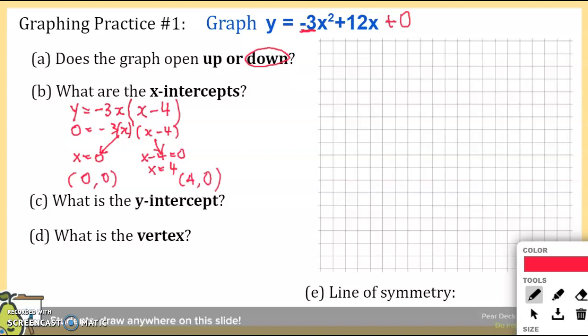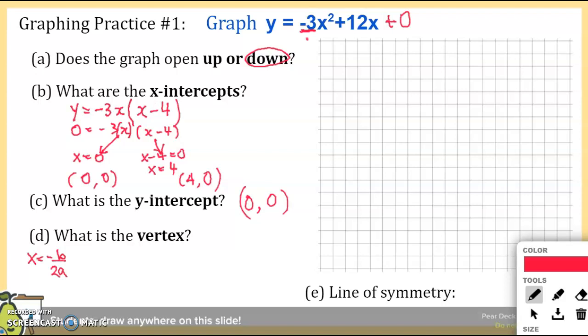Okay, I am just going to find all my values, then I'm going to draw my axis because that's going to make a big difference. What is my y-intercept? Well, I know that the constant is 0, so that's going to be just 0, 0. What is the vertex? To figure out the vertex, I have two options. I've factored, so I know the x-intercepts, so I could do that, or I could use my formula x is equal to negative b over 2a.